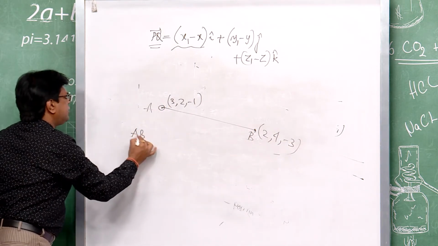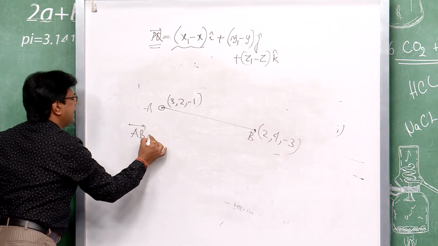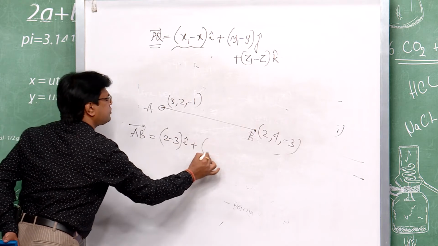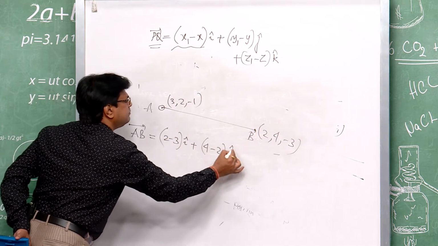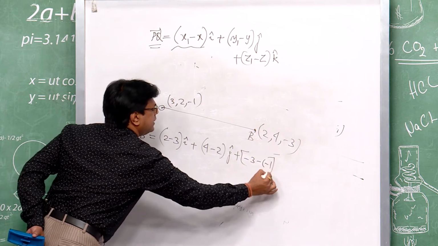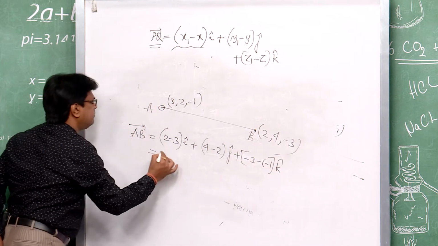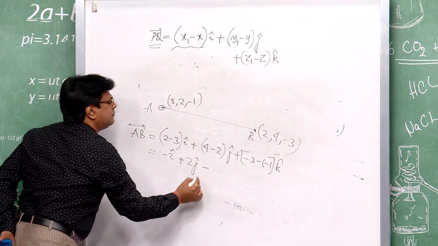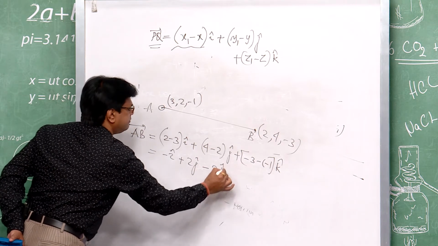So, for AB, first write down the AB vector, which is 2 minus 3 i cap plus 4 minus 2 j cap plus minus 3 minus of minus 1 k cap. So, this becomes minus i cap plus 2 j cap minus 2 k cap.